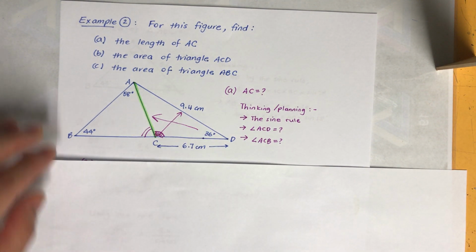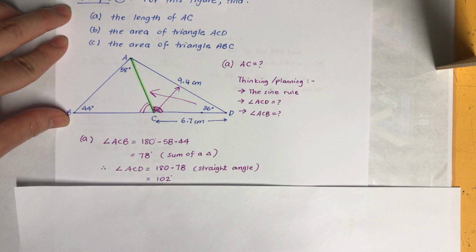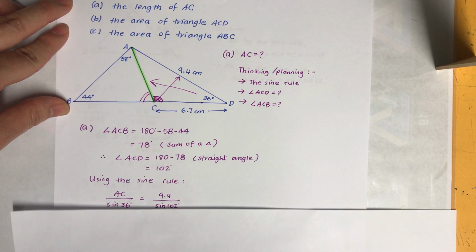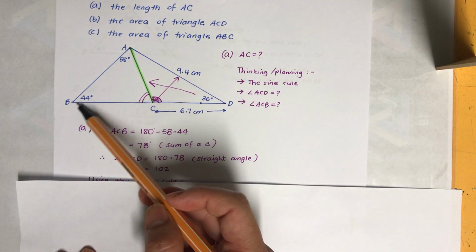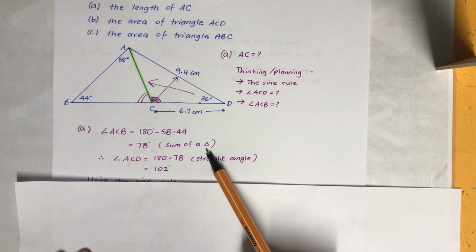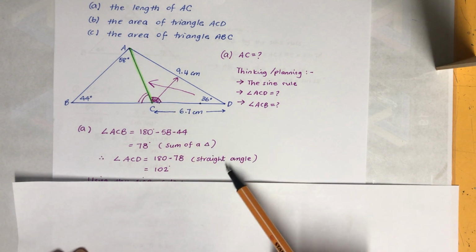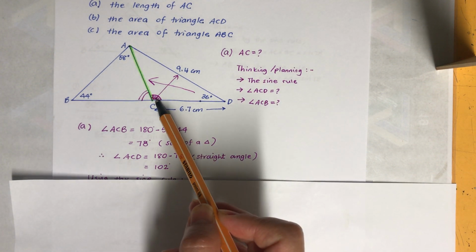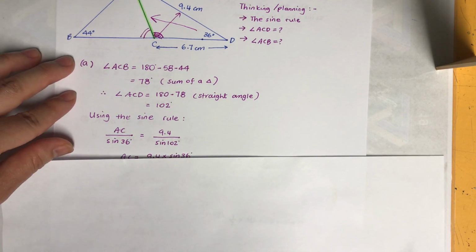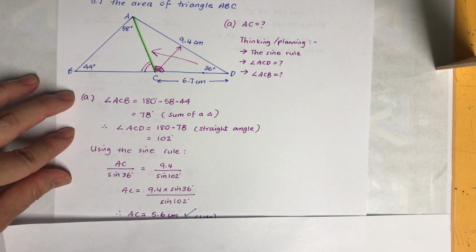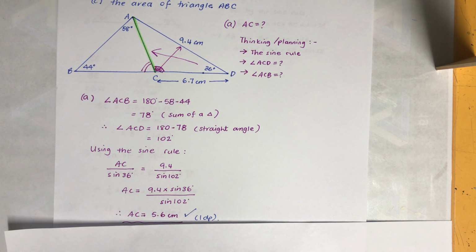Sine rule to find it. So let's do that. I found the angle ACB using angle sum of triangle, and then I'll use a straight angle to find this angle, which is 102. And using the sine rule, all that, I can find AC.